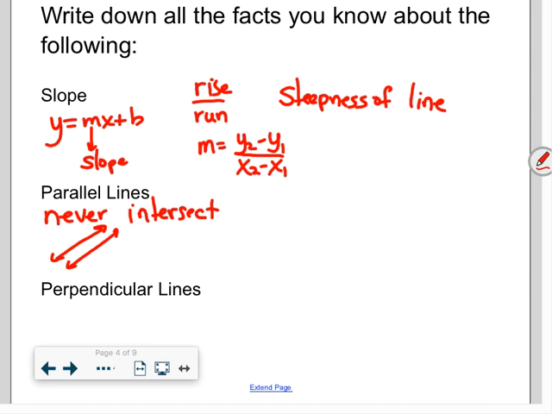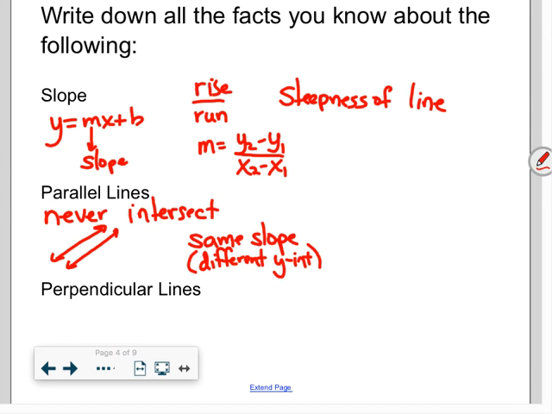What do you know about slopes of parallel lines? Yeah. Okay, they have the same slope. Now we need a little qualifier. They have the same slope but different y-intercept, because if it has the same y-intercept, it's the same line, and the same line on top of itself isn't parallel.